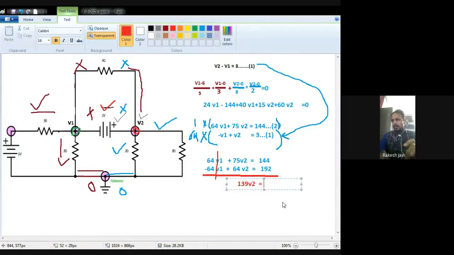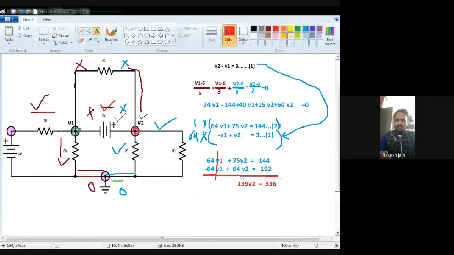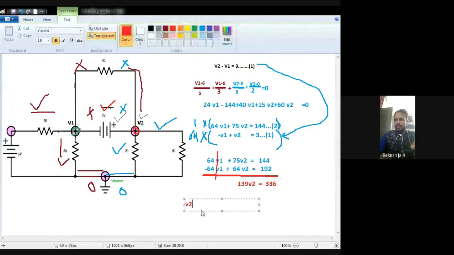That is 139. So 139 V2 will be equal to, now add these two values, 336. So 192 V2 is equal to 336.